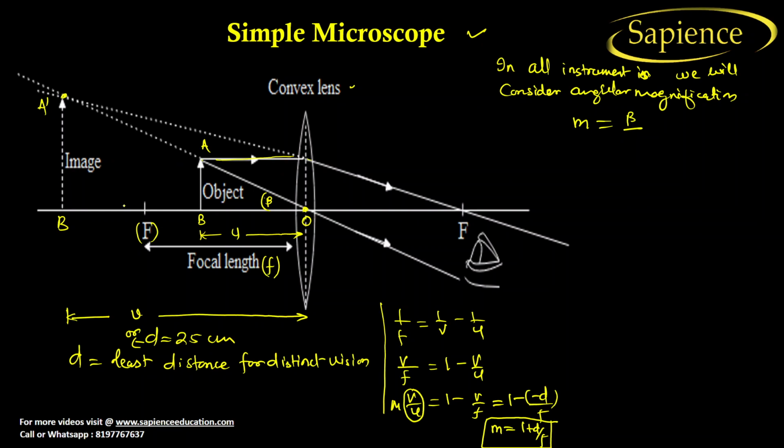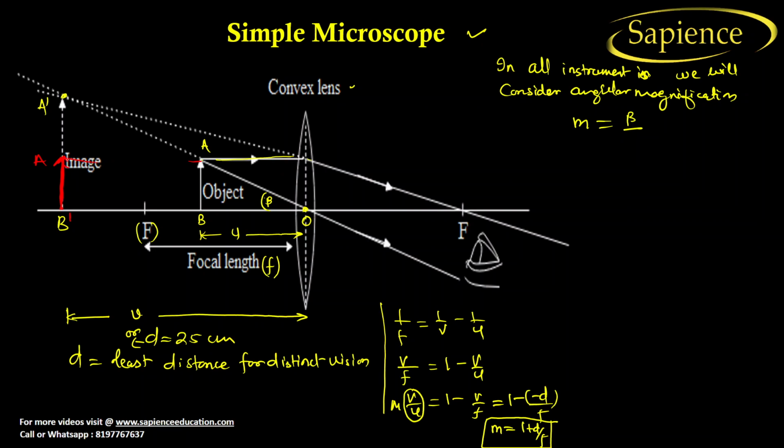Why? Because we cannot compare at a different place. Whenever you want to compare the angle, your object should be placed on the same line. Object and image both should be placed at the same point. So let us consider, we can shift this object here also. If the object is shifted here, it becomes A and B. Earlier it was B dash, now we can compare it. So how will you compare it?